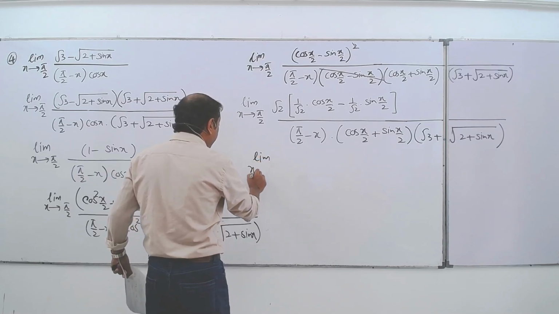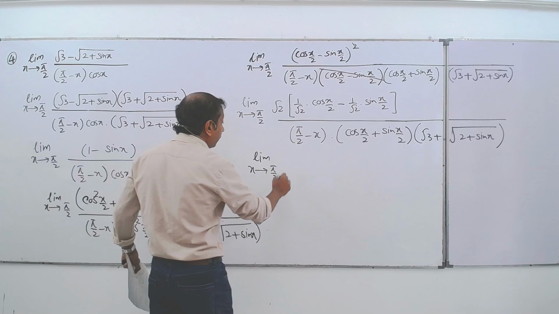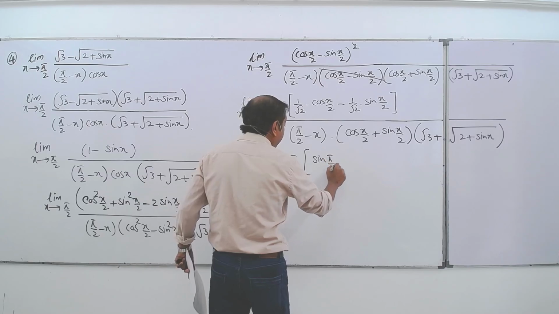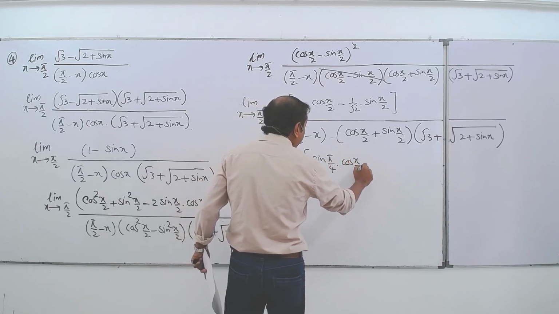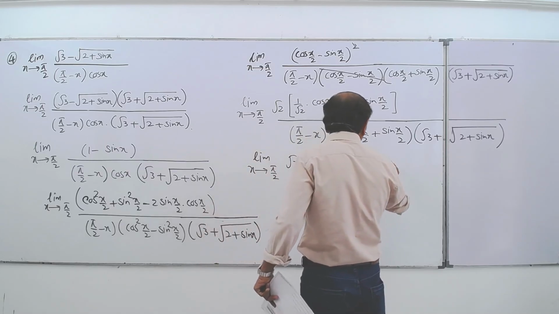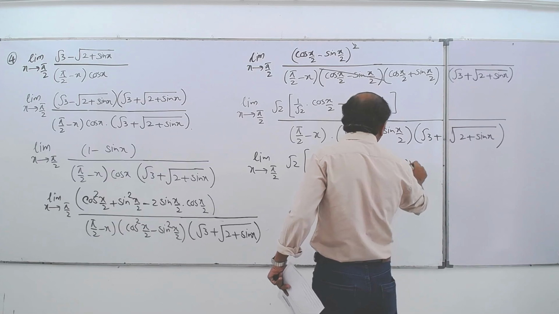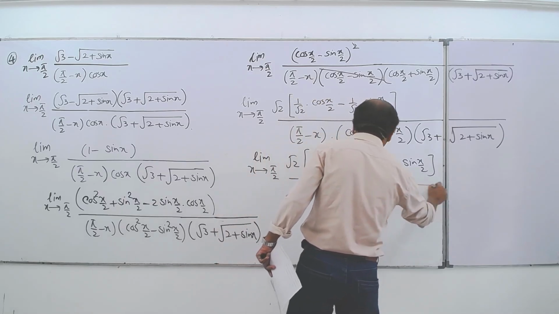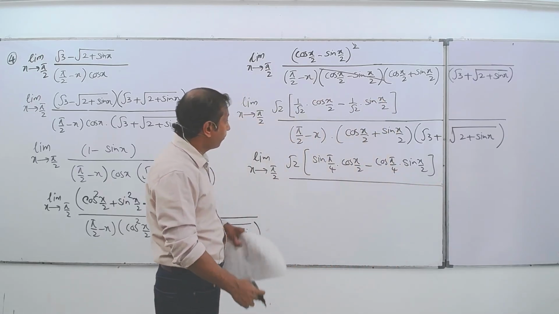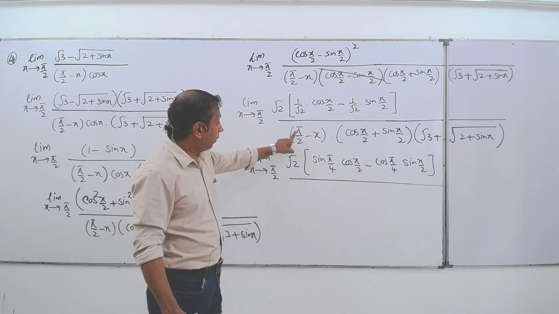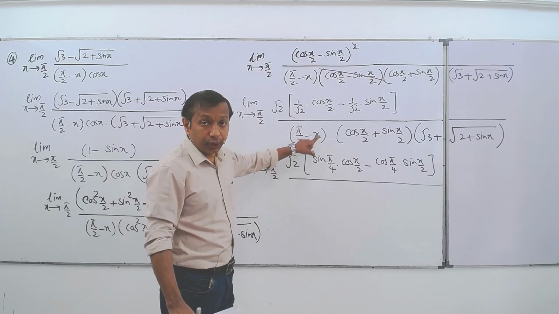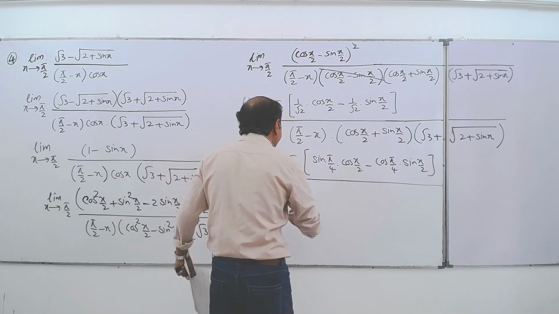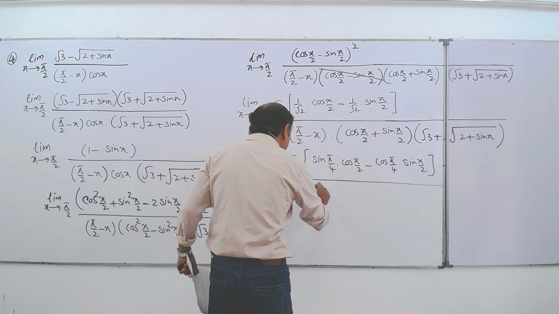Limit x going to pi by 2, root 2 sin pi by 4 into cos x by 2 minus cos pi by 4 into sin x by 2, divided by, here I divide this and this both by 2, meantime multiply by 2. It won't change, no? 2 pi by, right?